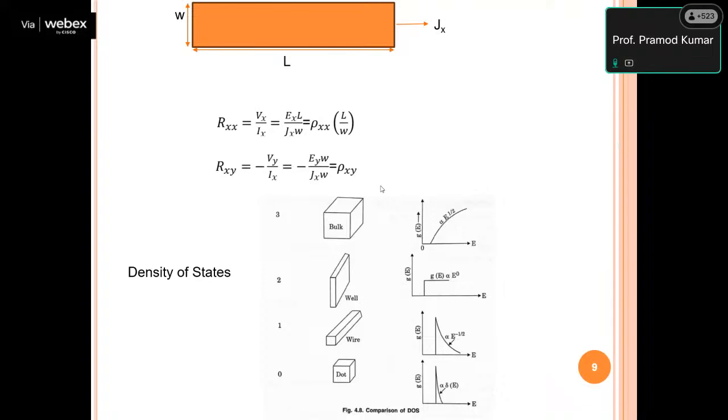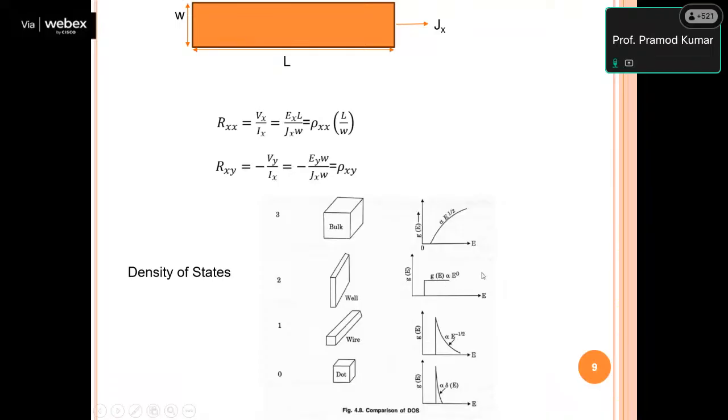Just remember that. And at the same time, if you remember the density of states, I hope you remember that, I will not go into that much detail. For a 3D material, the density of states is proportional to E to the power half. For a one-dimensional material, the density of states is proportional to E to the power minus half. But in a 2D material, the density of states does not depend on the energy.